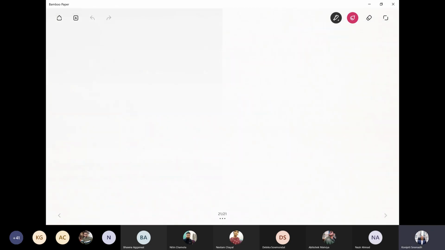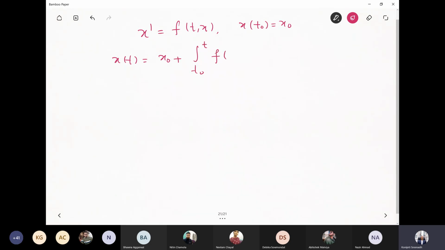To get x prime equals f of t, x, with x at t naught equal to x naught, you can also write equivalently x at t is x naught plus the integral from t naught to t of f of s, x of s, ds.